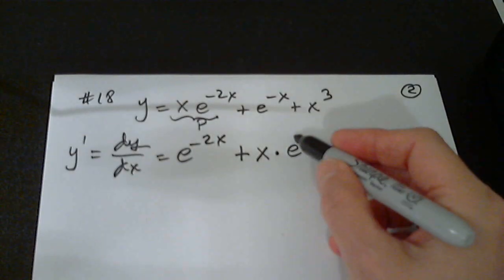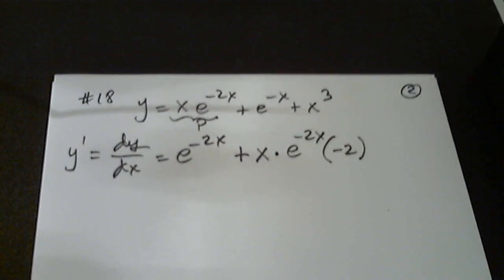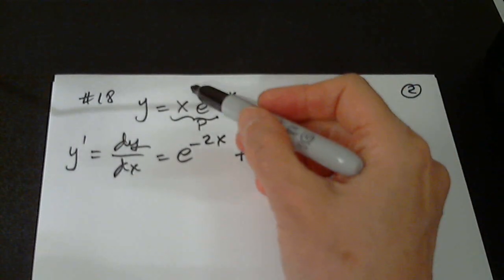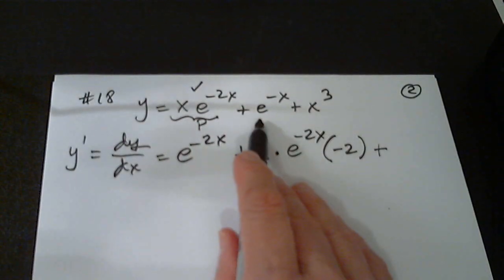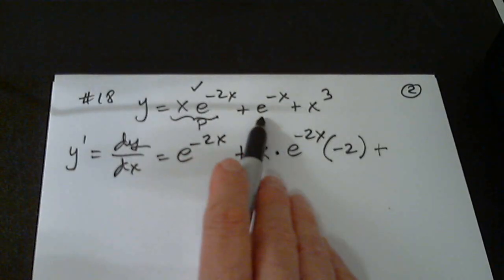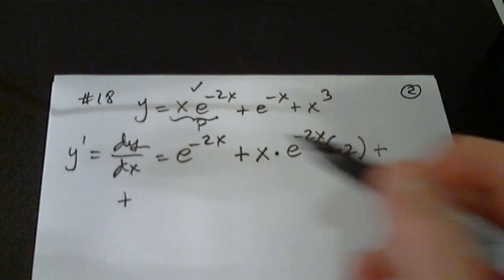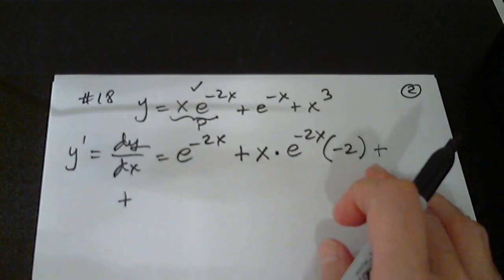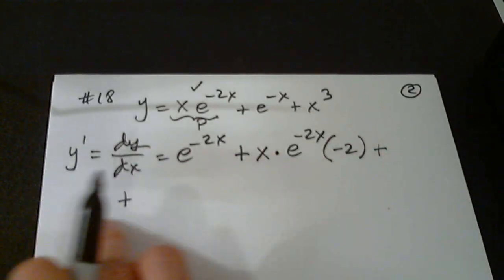Yes. So it's e to negative 2x multiplied by the inner function, which is negative 2. So we finish with this. Awesome. Plus, I reached this point. In the same way, can anyone differentiate e to negative x for us? They're not two pluses. I'm just indicating that something else follows. Look for it.